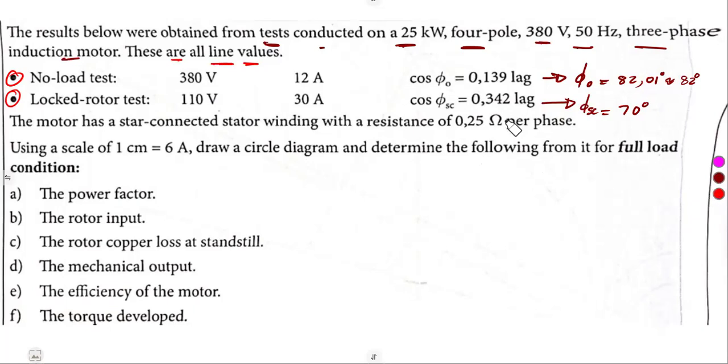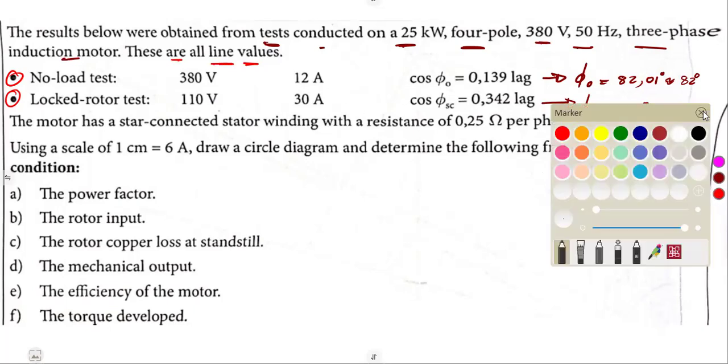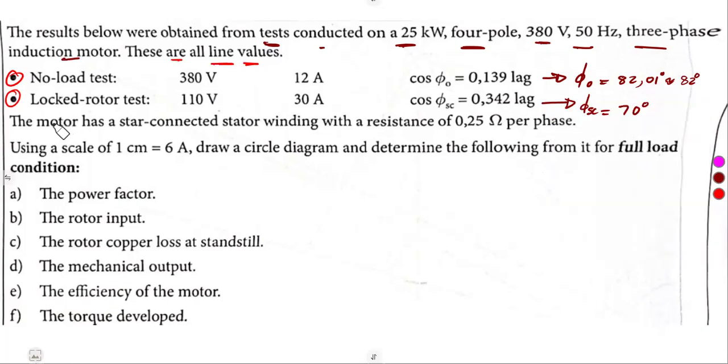They also gave us a statement that the motor has a star-connected stator winding, with a resistance of, take note of the resistance that will be given, 0.25 ohms per phase.